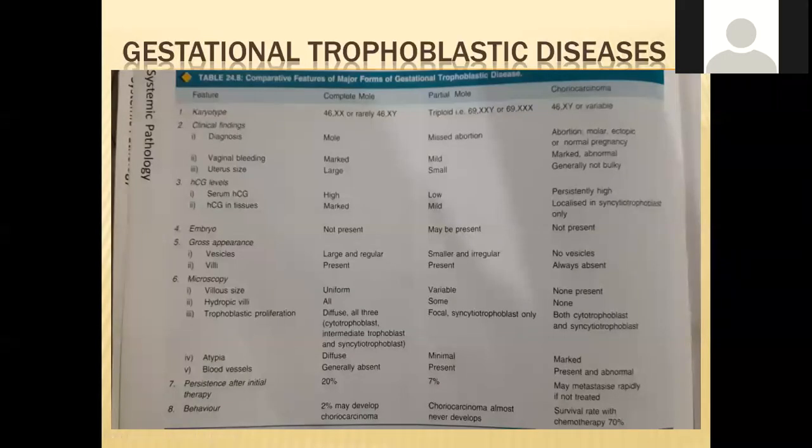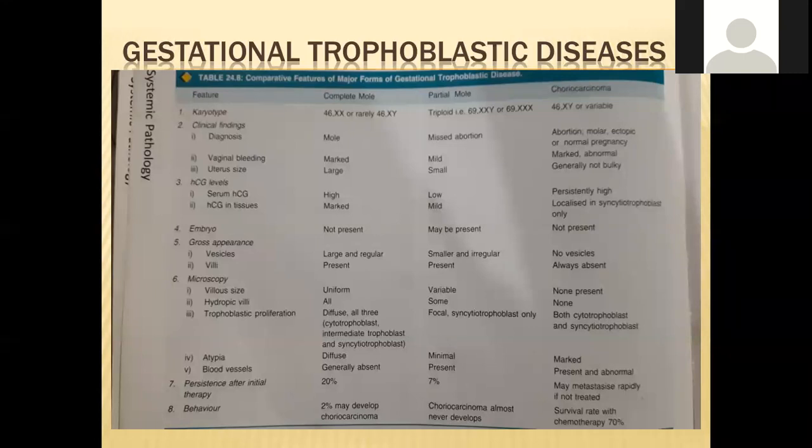Now, what are the differences between these trophoblastic diseases? Here we have seen complete, partial mole and choriocarcinoma. Karyotype, as I have told you, in complete mole is 46XX and rarely 46XY. Clinical finding, diagnosis is mole. Vaginal bleeding is marked in complete. Uterus size is large. HCG level is high.